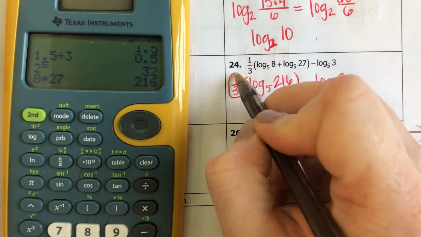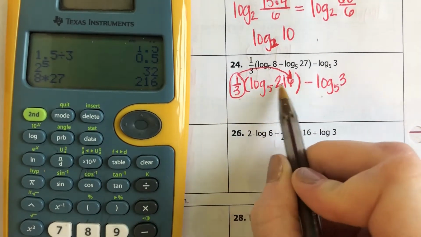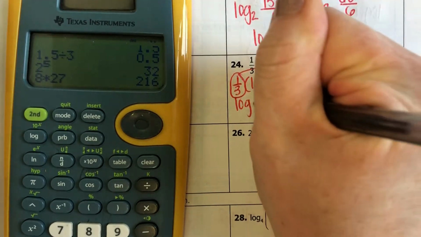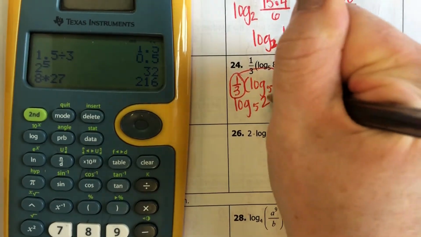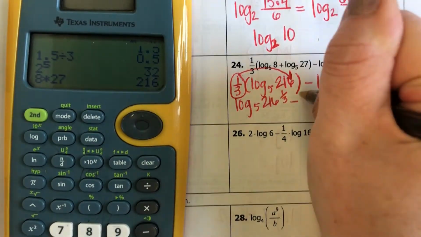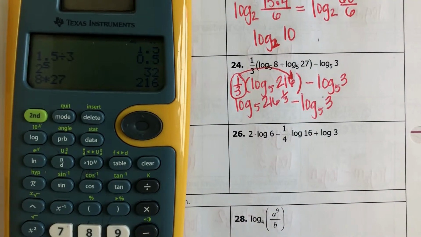This 1/3 is the exponent of the 216 only because it's attached to those parentheses. So I can say log base 5 of 216 to the 1/3 power minus log base 5 of 3.